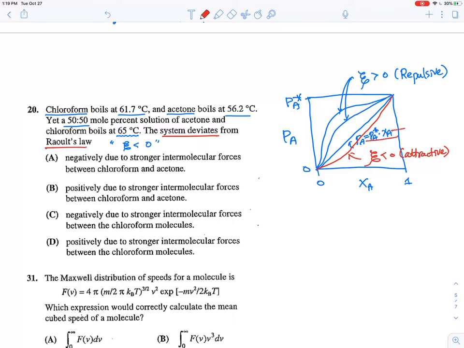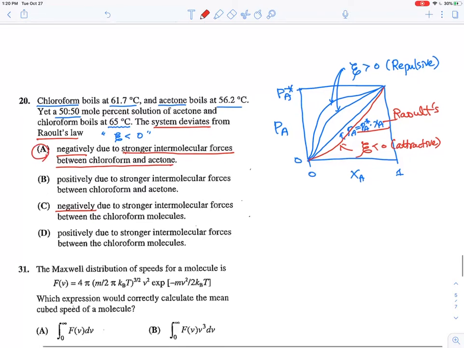This is Raoult's law, and they deviate negatively, that's what it means, with stronger interaction forces between chloroform and acetone. Right? So this is the answer for why they have an interaction.